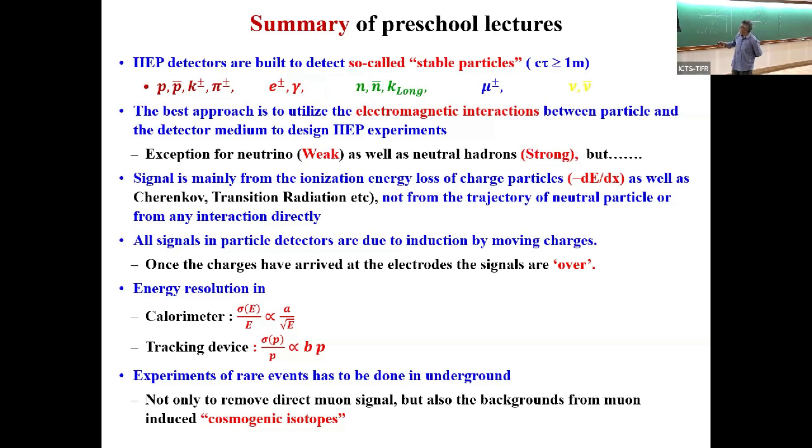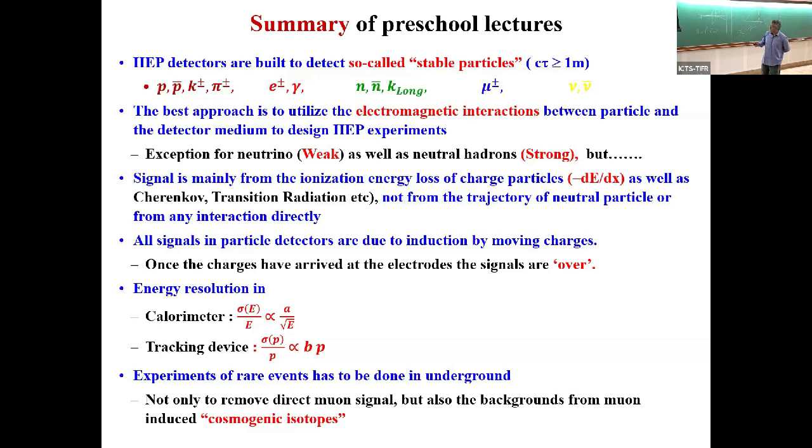The exceptions are the weakly interacting neutrinos and the neutral hadrons. Detector design for neutrinos starts with the weak interaction, and for neutral hadrons with the strong interaction, but when you detect them, we use the principle of electromagnetic interactions.